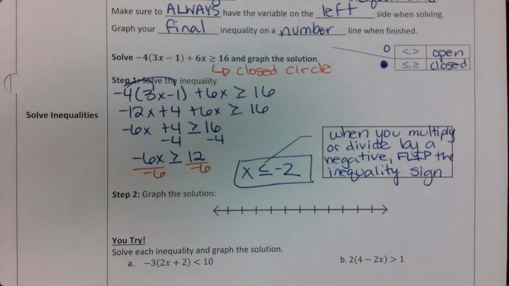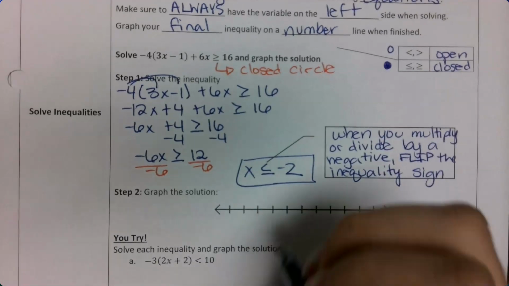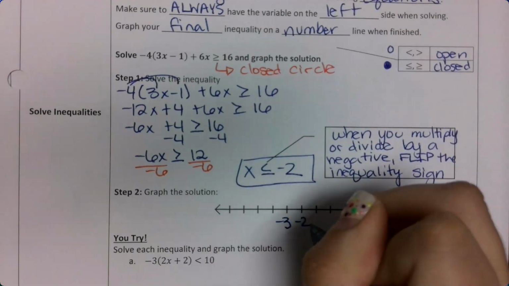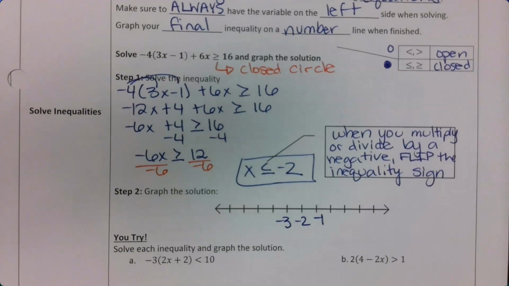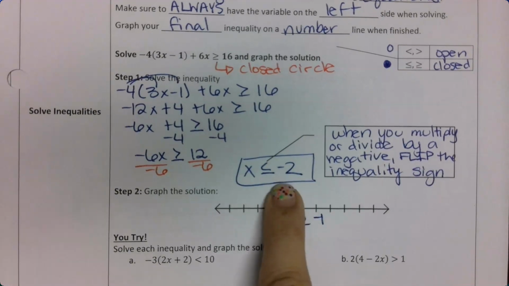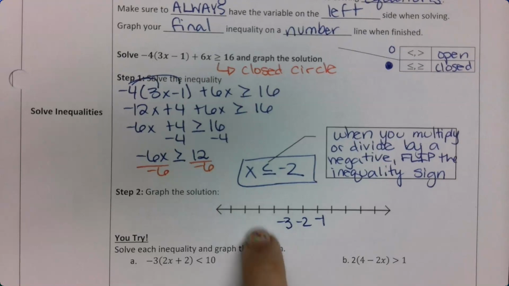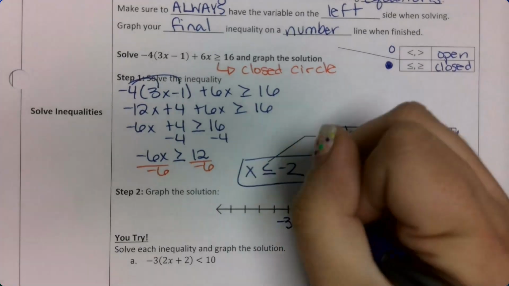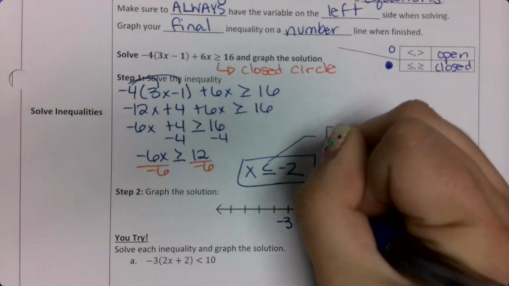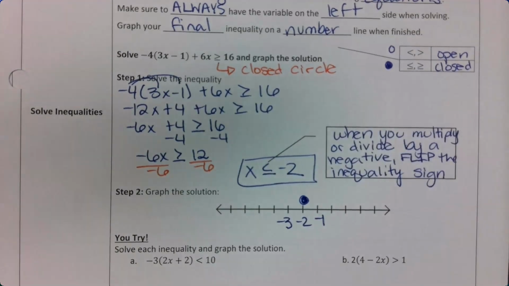Okay, so I want to put this on a number line. I am going to put 3 numbers. I want the number that's my solution in the middle, and then 1 number to each side. And then as you guys told me, this is going to get a closed circle.